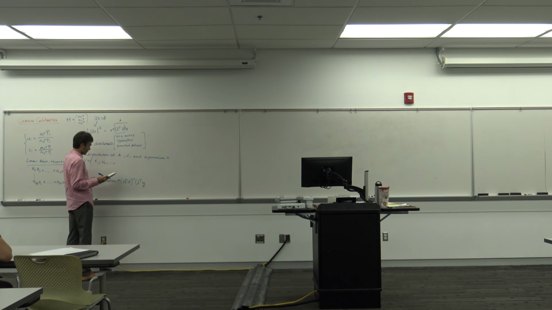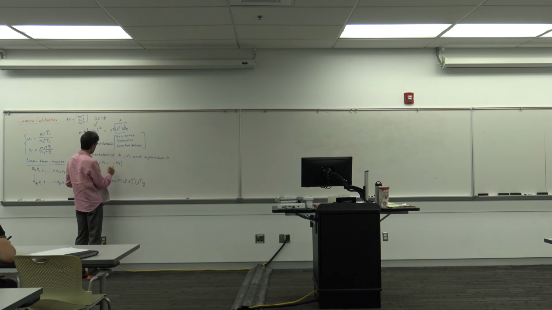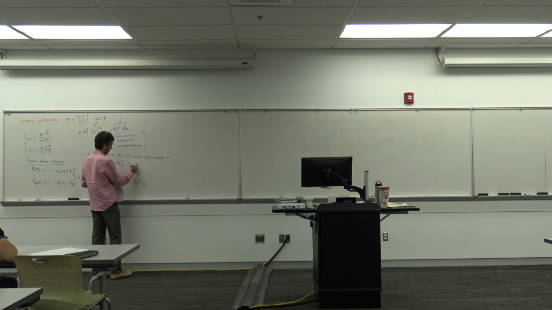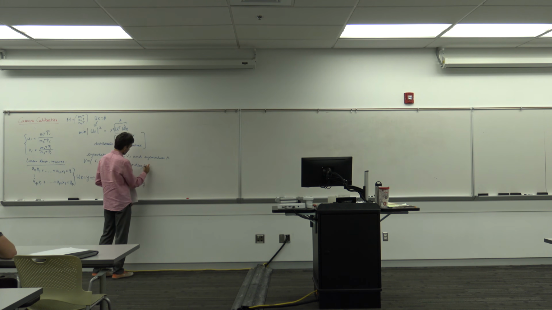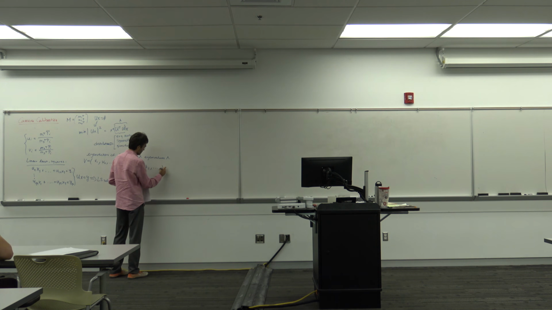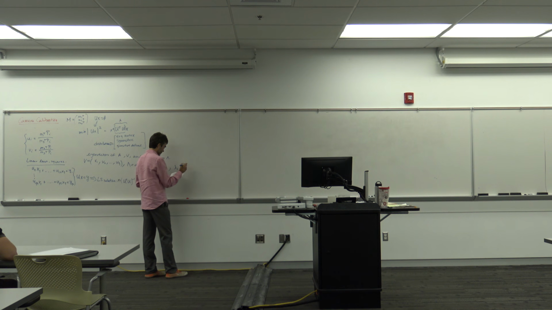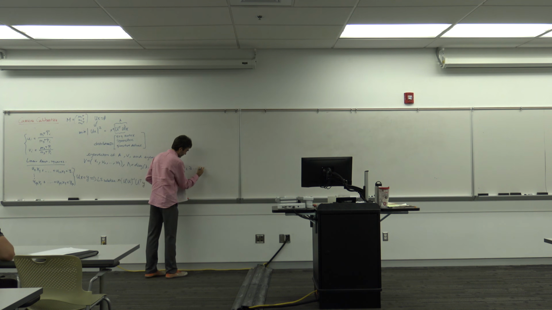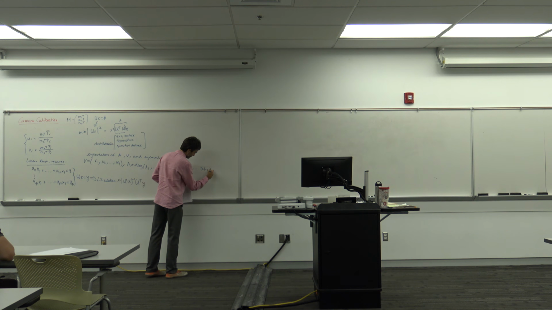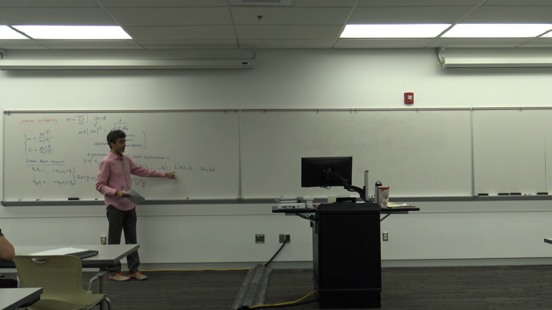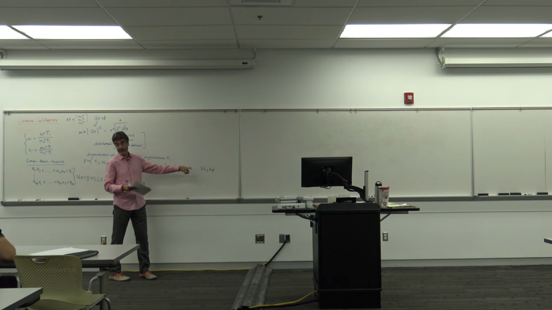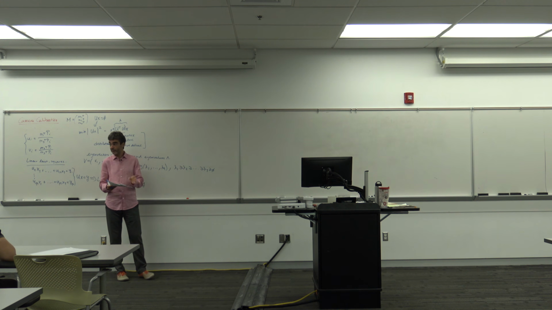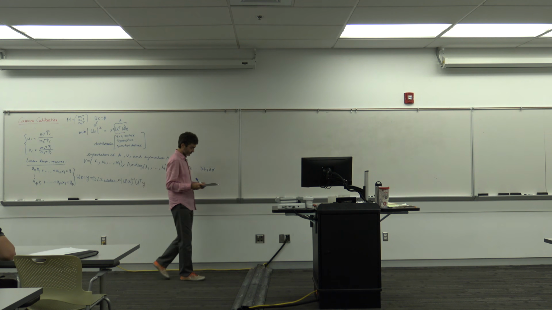I forget. q, yeah, q. And capital lambda is a diagonal matrix of corresponding eigenvalues, lambda 1 through lambda q. And you can either assume that lambda 1 is larger or equal than lambda 2, and so on all the way to lambda q larger or equal than 0, or you could assume lambda q is the largest one and lambda 1 is the smallest one. It doesn't matter. Just pick one.